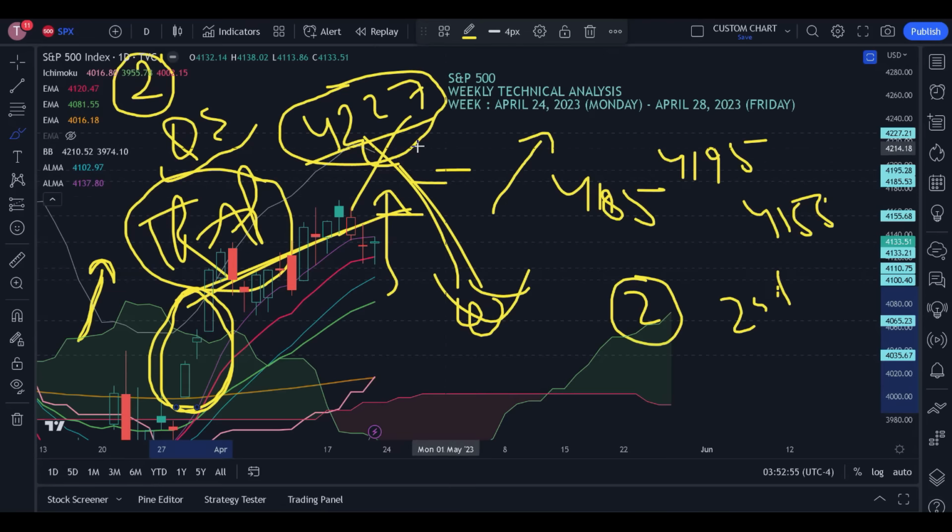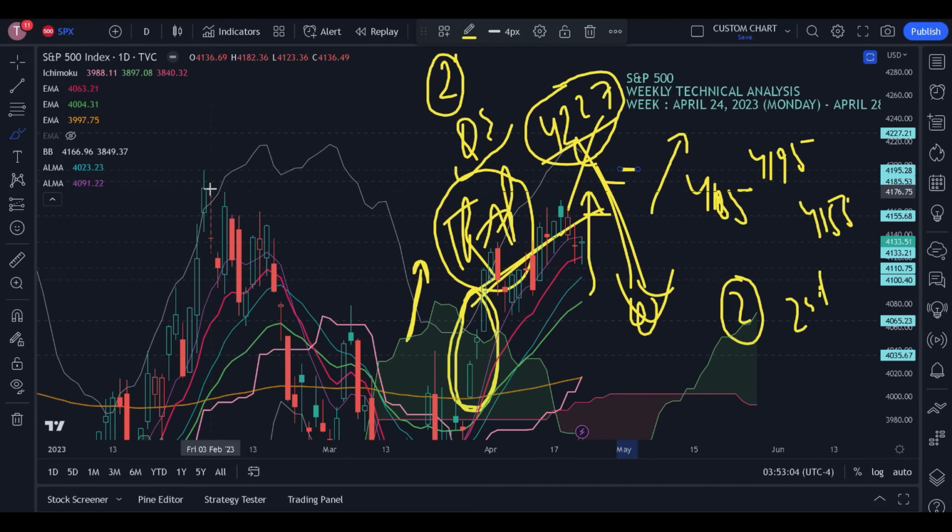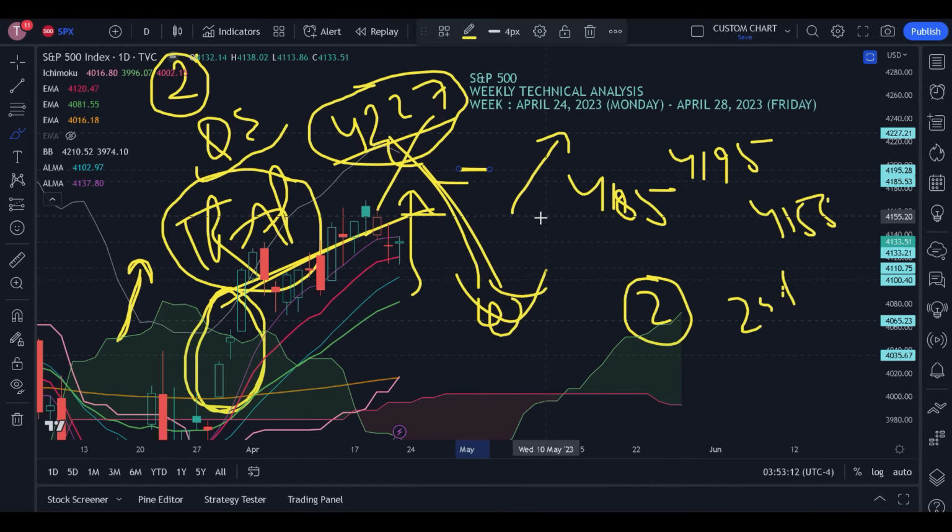Okay, so now 4227, then we have 4195, 4185. Now there is one more thing you need to understand: 4195 was the previous high that formed on February 2nd 2023. So at first the S&P 500 has to breach 4195 in order to move towards 4227.